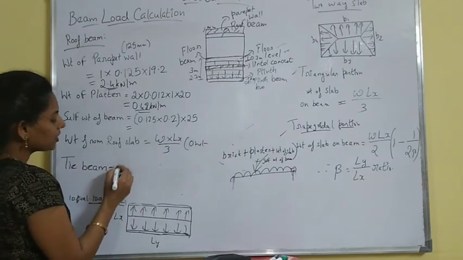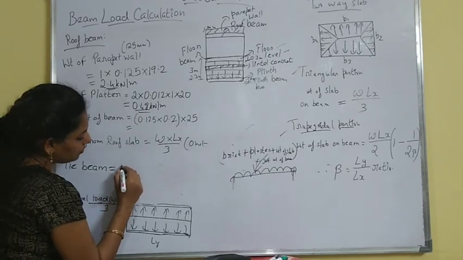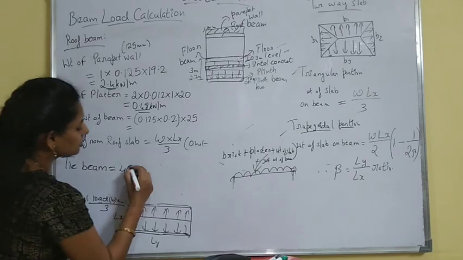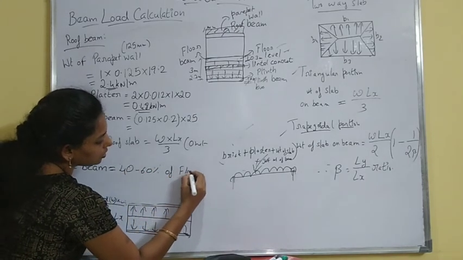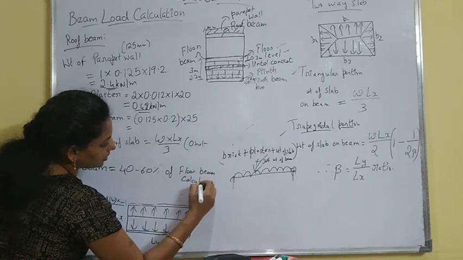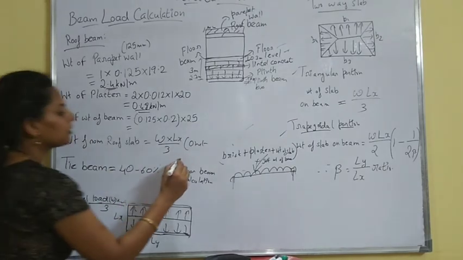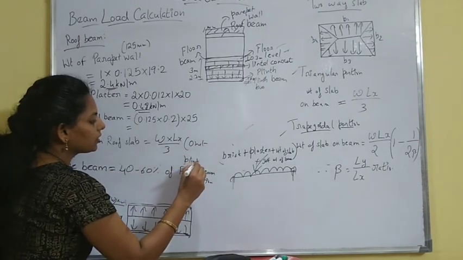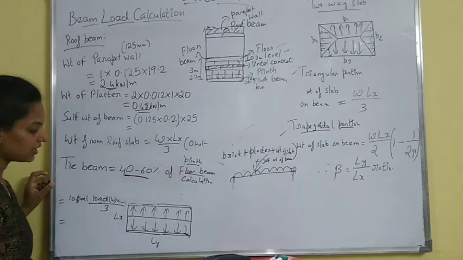For the tie beam, you can directly reduce the load to 40 to 60% of the floor beam or plinth beam calculation, wherever you are going to provide it. You just consider 40 to 60% of that load.